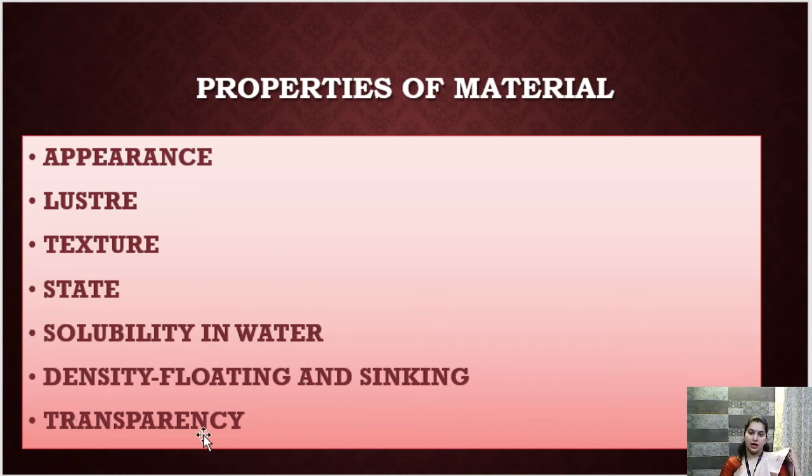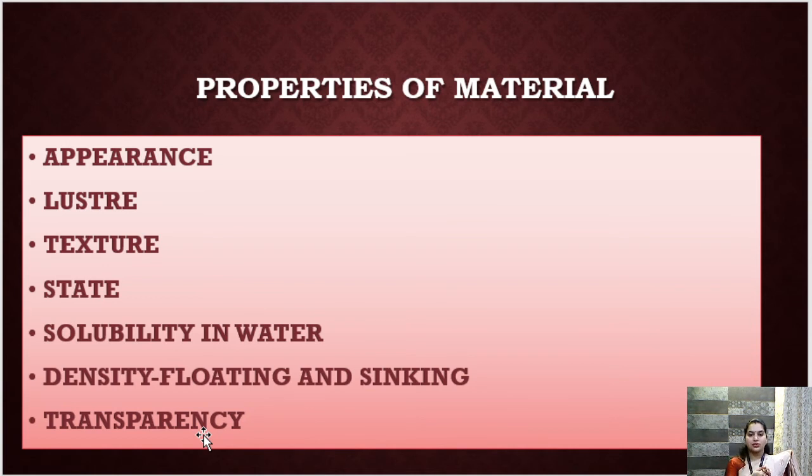Children, this about transparency we have studied in physics, isn't it? So we have studied about three types of materials, that is transparent, opaque and translucent, isn't it? What is transparent? The object through which we can see clearly is transparent.